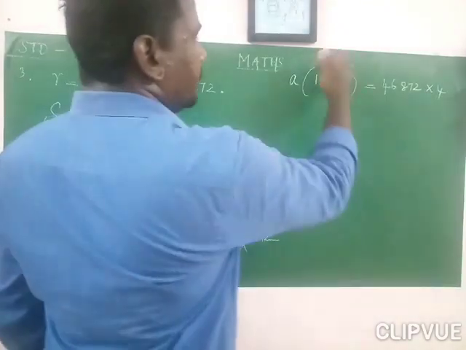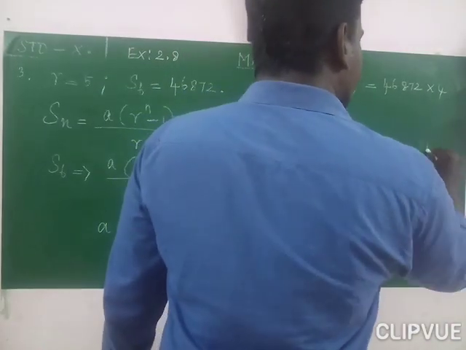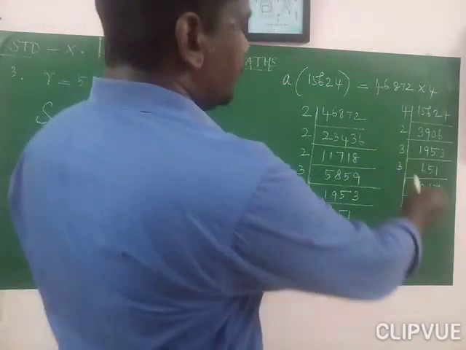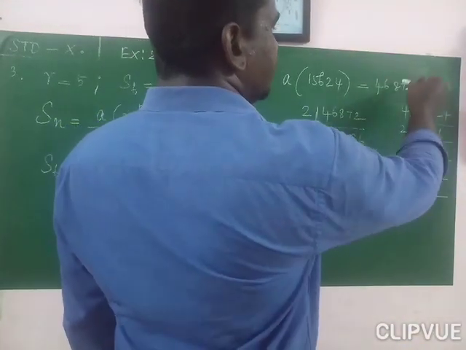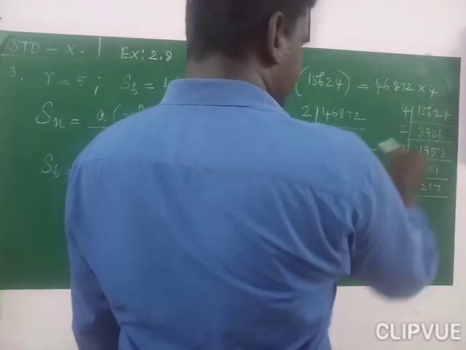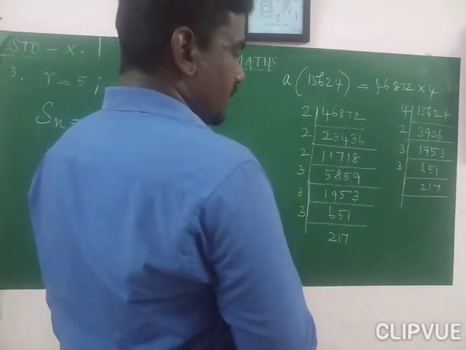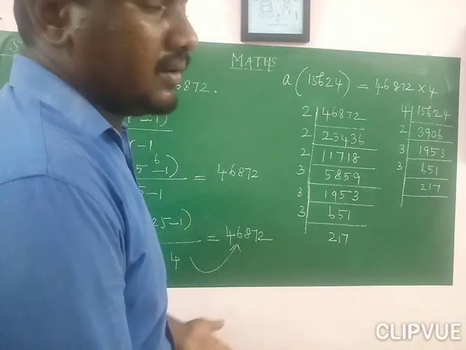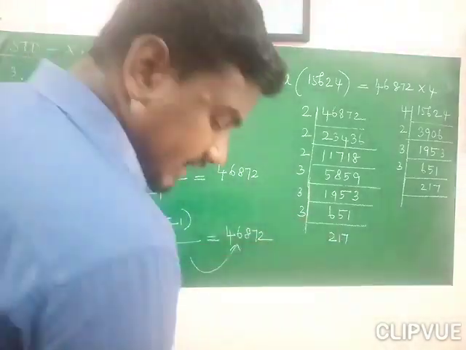Better, we can find the prime factors of these numbers. If you find the prime factors of this 5-digit number and this 5-digit number, we can get it like this. This 217 is a prime number, so we cannot simplify it, so we write it as it is.